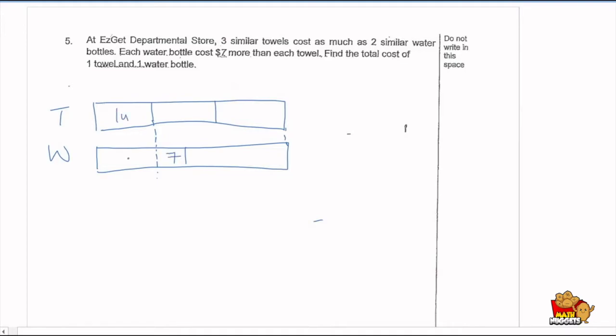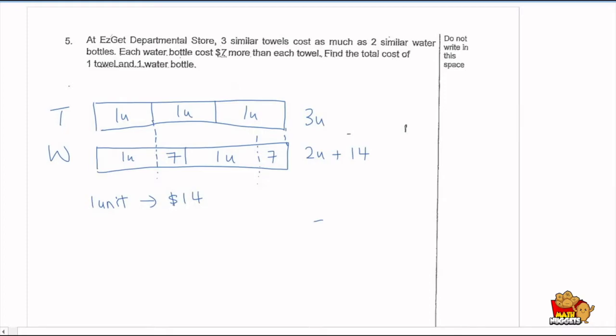So this is 1 unit. All these will be 1 unit. And I can cut this as well. Get 7, and this is 1 unit. So this is 3 units, and over here we have 2 units plus 14. So if we compare, we know that 1 unit will be equal to $14.